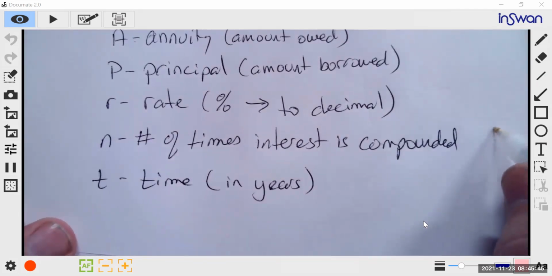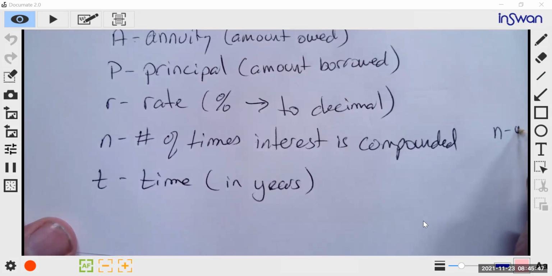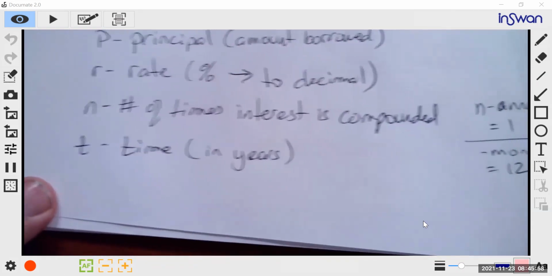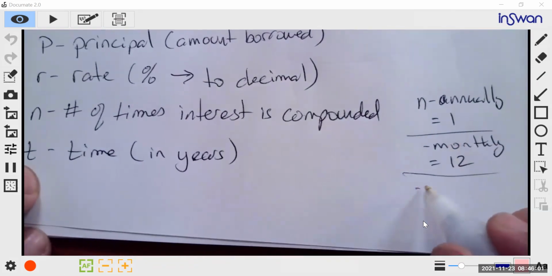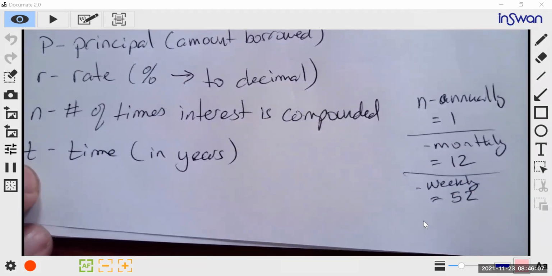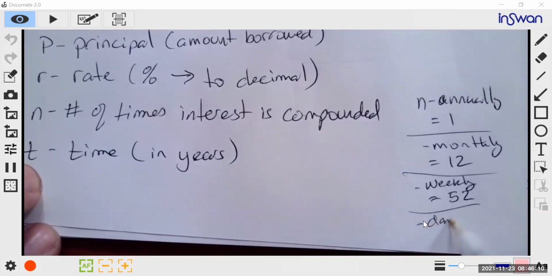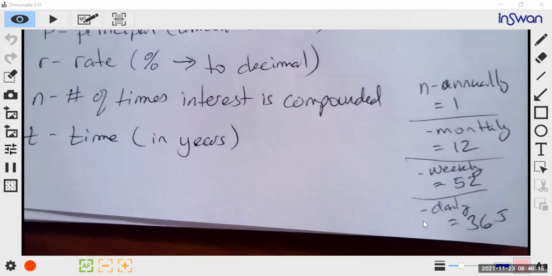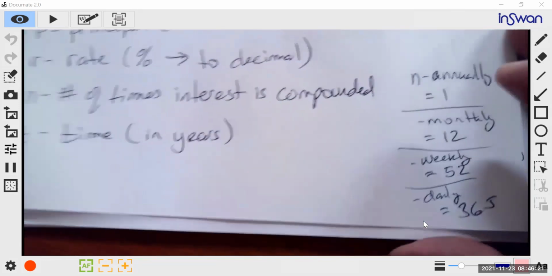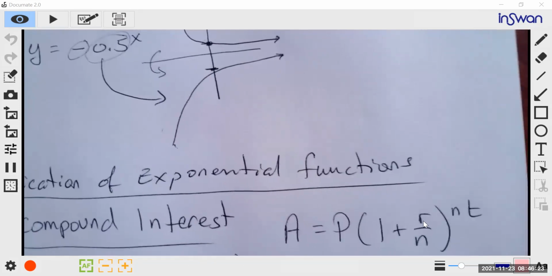N depends on how often: if it's yearly or annually, then N equals 1. If it's monthly, then N equals 12. If it's weekly, then it's 52. Daily is 365. So it all depends on how often it gets compounded. Just plug them in there. You have to use a calculator.